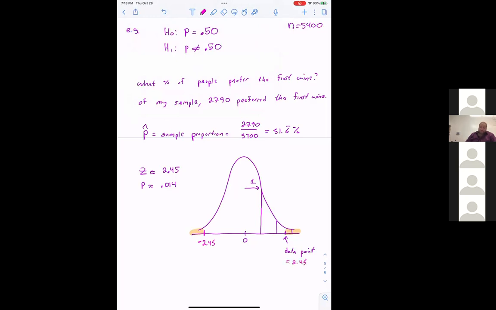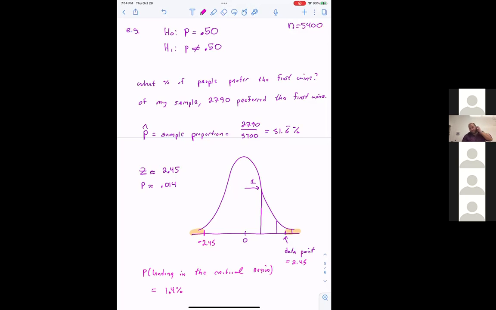Now, what is the probability of landing in that more extreme region? Spoiler alert, they gave it to me. 1.4%. The probability of landing in what is called the critical region is 1.4%.